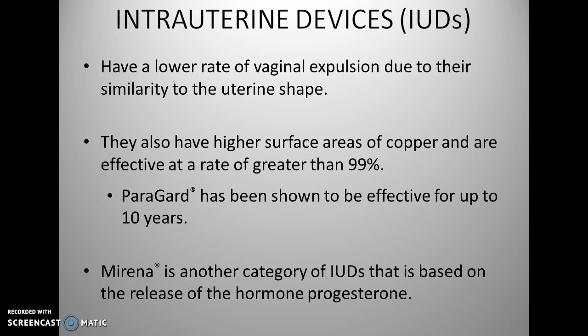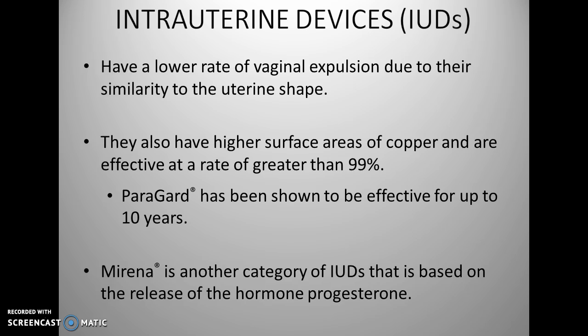IUDs, intrauterine devices, have a lower rate of vaginal expulsion due to their similarity to the uterine shape. They also have a higher surface area of copper and are effective at a rate of greater than 99%. There are some that can last for almost a decade. You have what is called a Mirena.